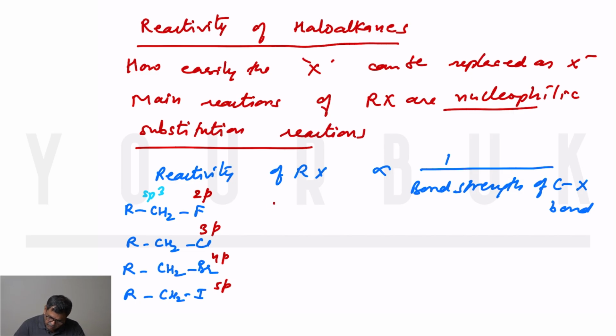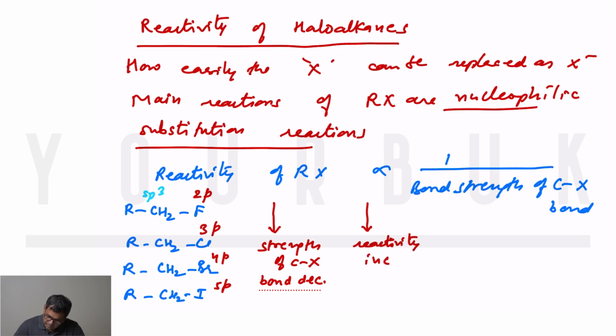As we move from fluorine to iodine, the strength of the carbon-halogen bond decreases. Therefore, the reactivity increases.